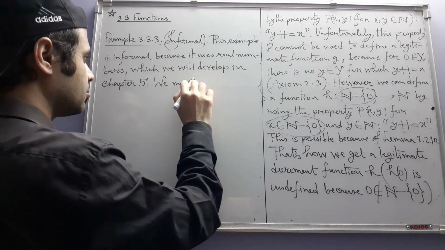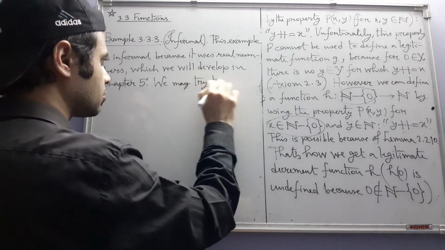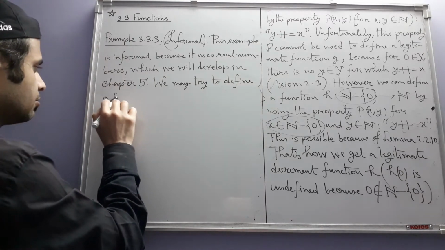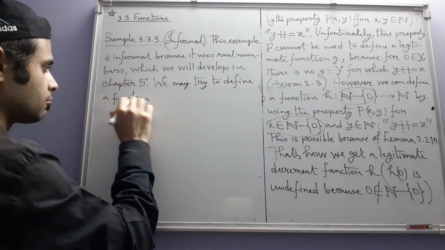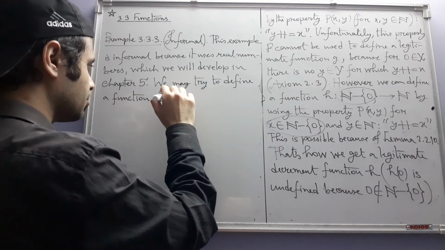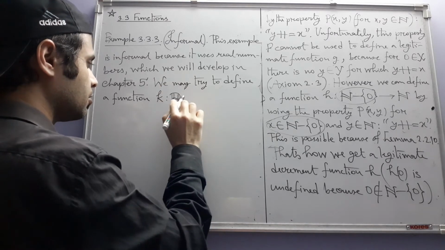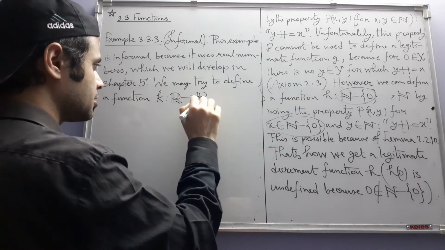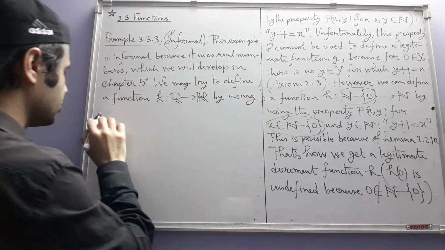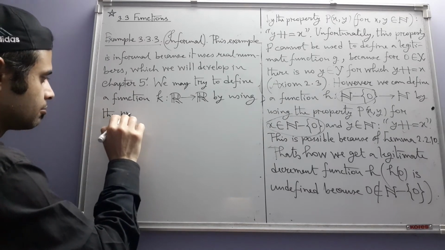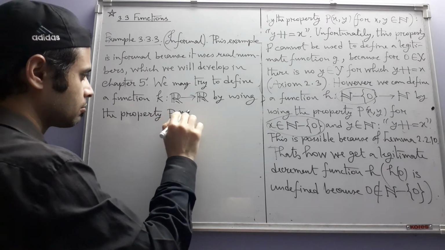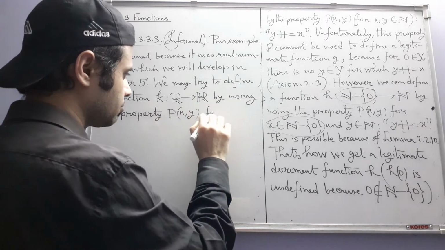We may try to define a function k from the set of real numbers to the same set by using the property p(x, y).